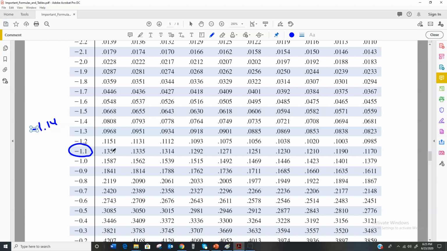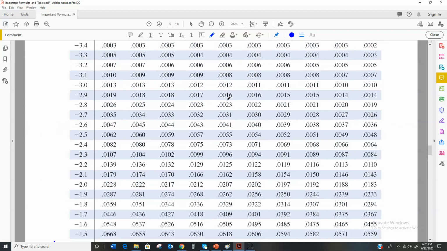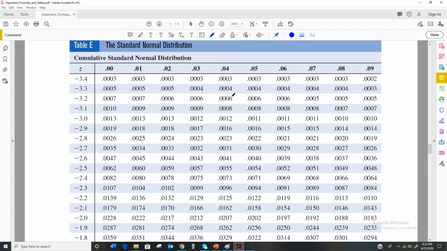Be careful, because this first row is 0, so it's 0, 1, 2, 3, 4. We'll double check, go up to the top. Yes, that's the column for the 4.